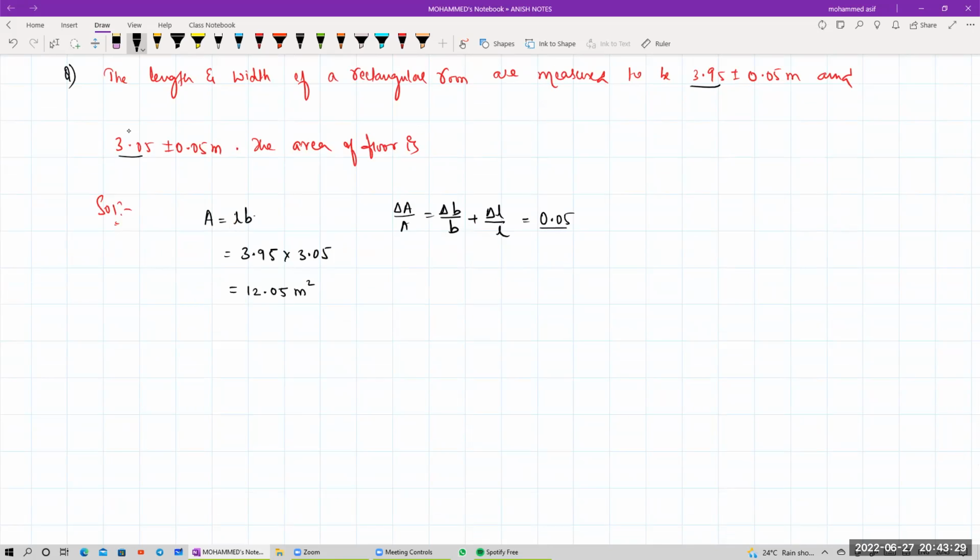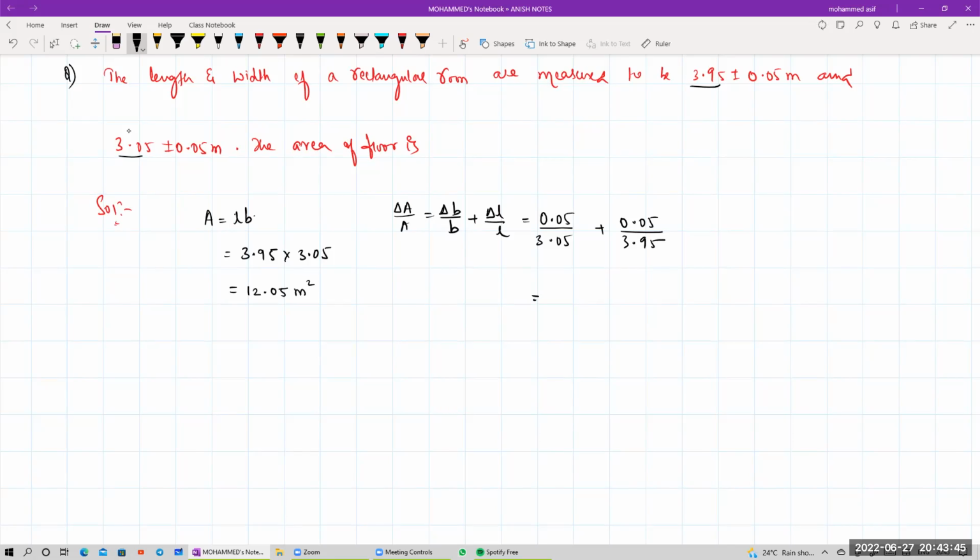0.05 divided by the actual breadth is how much? 3.05. Plus, the length will be 0.05 divided by 3.95. Simplify it and write it: 0.05 divided by 3.05.